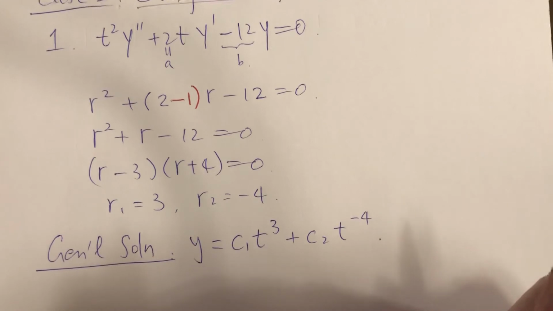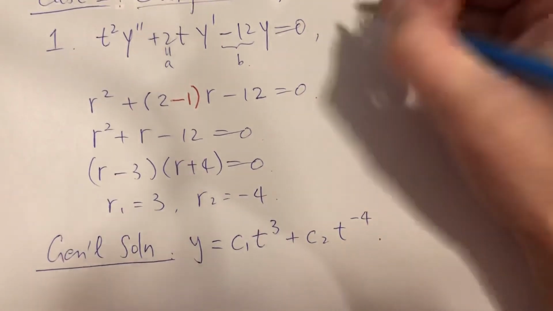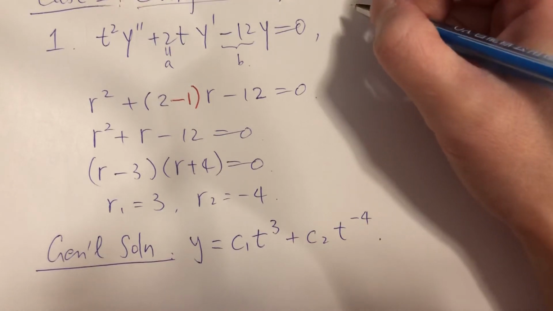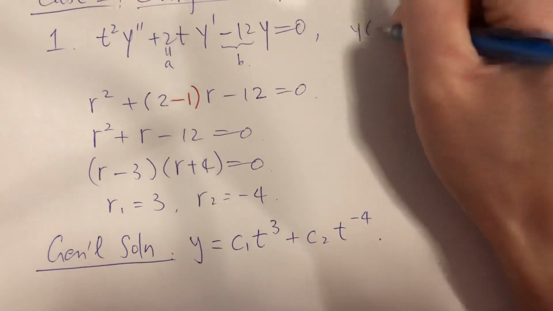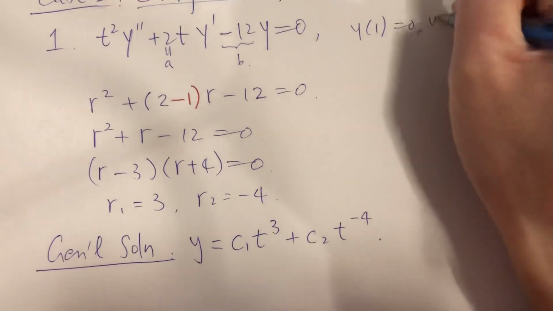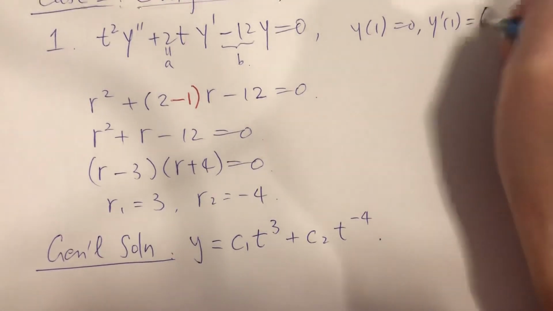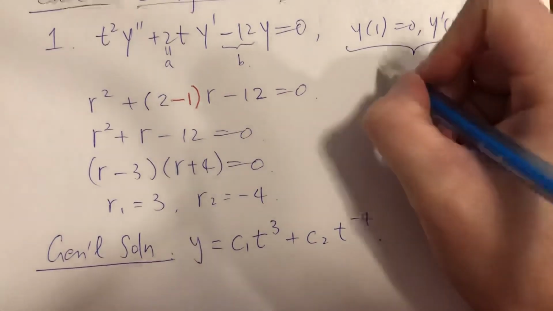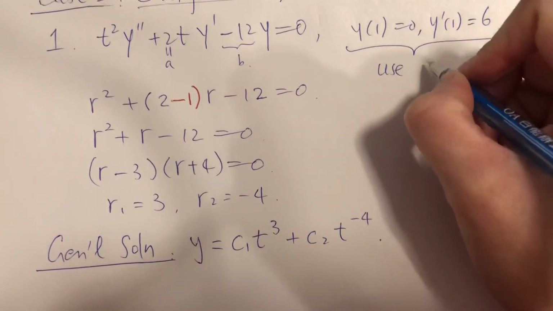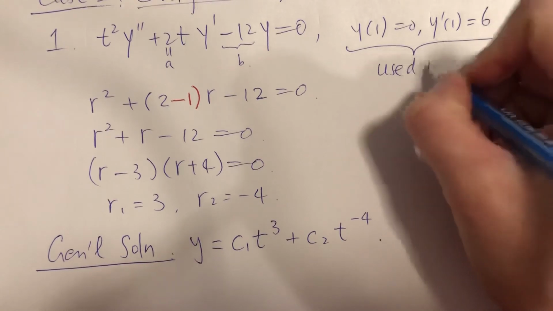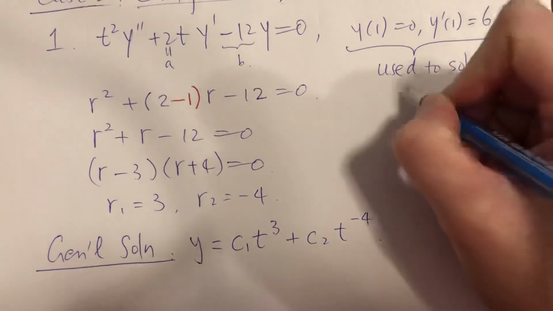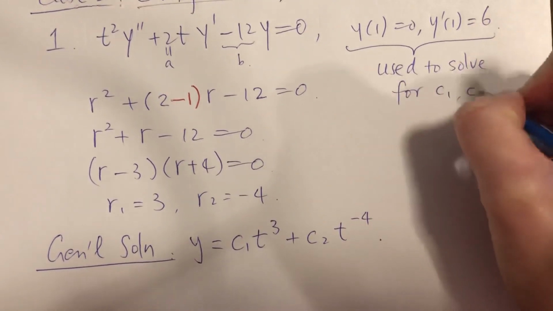And of course, I can also give you some initial conditions. So for example, if I also give you y of 1 is 0, y prime of 1 is 6. And then you can use these two conditions to solve for c1, c2.